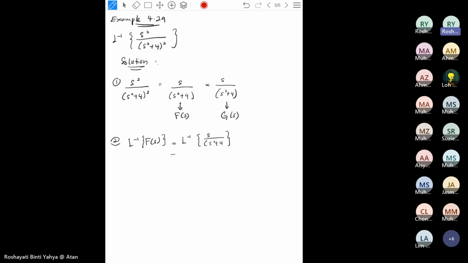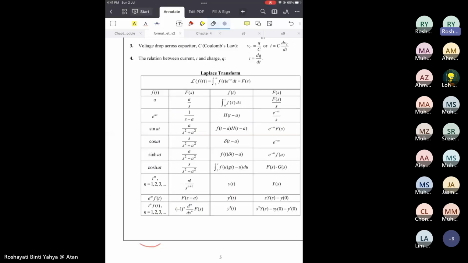So inverse Laplace of this, you can refer to the table. You have S over S squared plus 4.